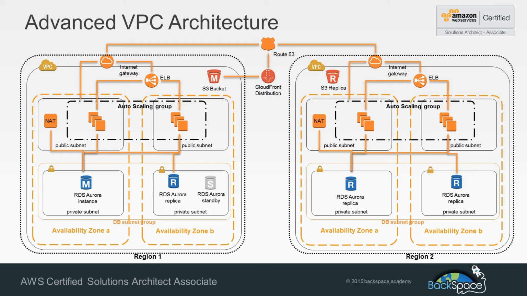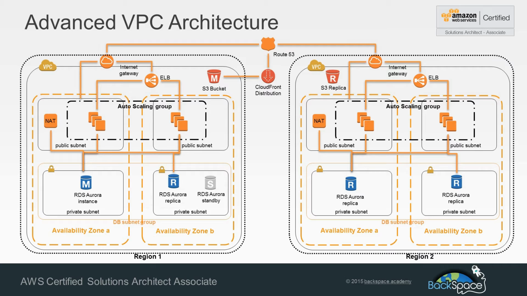The way that would work is we would create our VPC architecture there on the left in a region, and then we would use CloudFormer to create a copy of that architecture. Once we have done that, we can then look at replicating our data across to that new architecture.